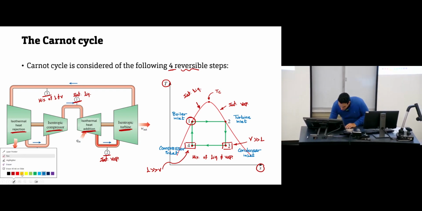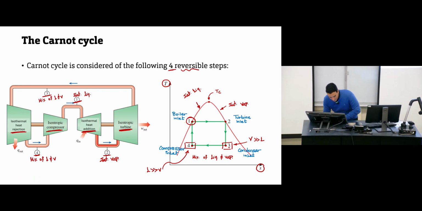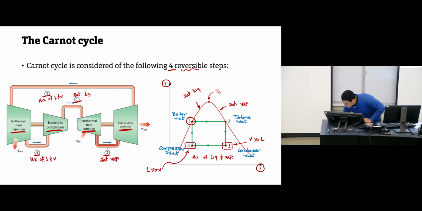So we have the same naming you can use here. Point number 1 is the compressor outlet. Point number 2 is the boiler outlet. Point 3 is the turbine outlet.